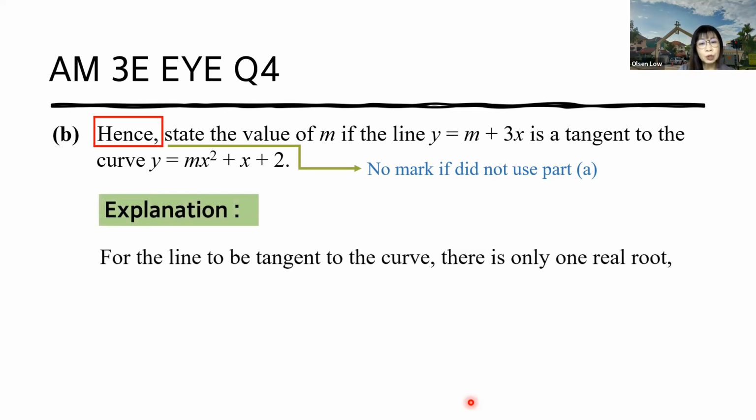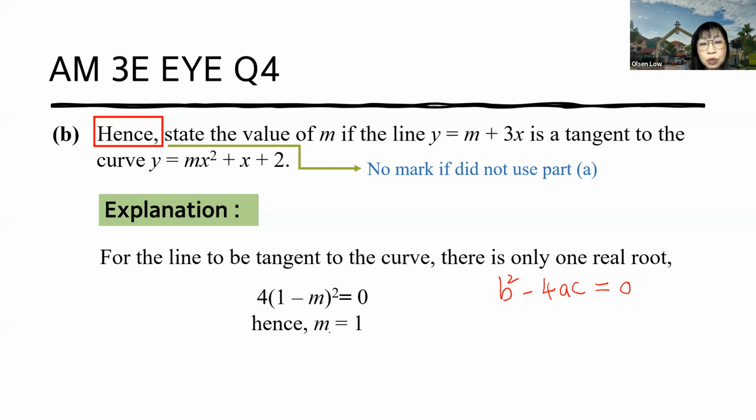For the line to be a tangent to the curve, we know that there is only one real root. So what is the condition for one real root? We know that for one real root, the discriminant b squared minus 4ac has to be equal to 0. Earlier on, we have already derived the discriminant, which is 4(1 minus m) squared equals 0.